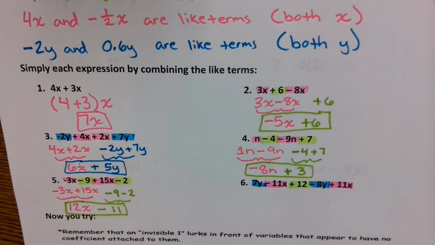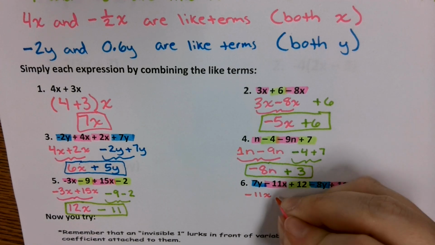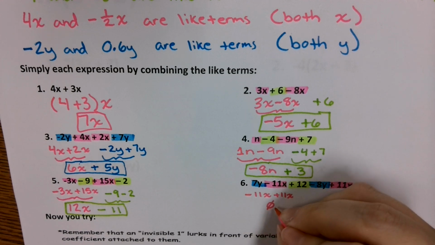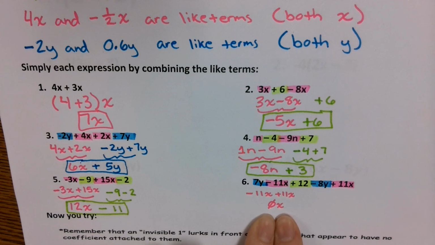Okay, starting in alphabetical order, we're going to start with the negative 11x plus the 11x, which is going to come out to what? 0x. So what's 0x, guys? What's 0 times x? 0. So do I have to write it anymore? No. 0 times x is just going to be 0. So you won't have to write that in your final response.